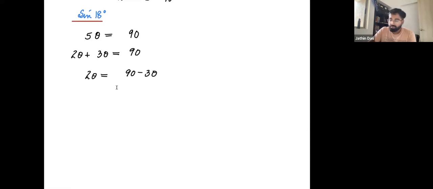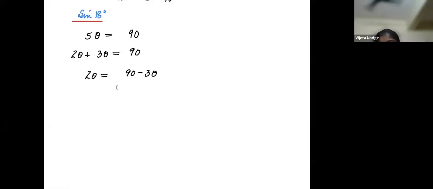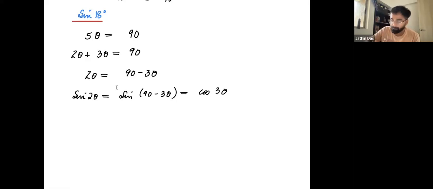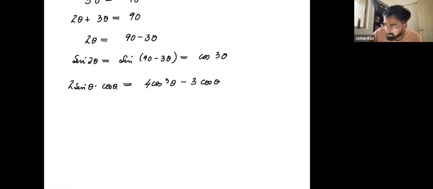Clear? Now, if these two angles are equal, their sine values will also be equal. So sine 2 theta equals sine of 90 minus 3 theta, which is cos 3 theta. This is 2 sine theta cos theta, and this is 4 cos cube theta minus 3 cos theta.